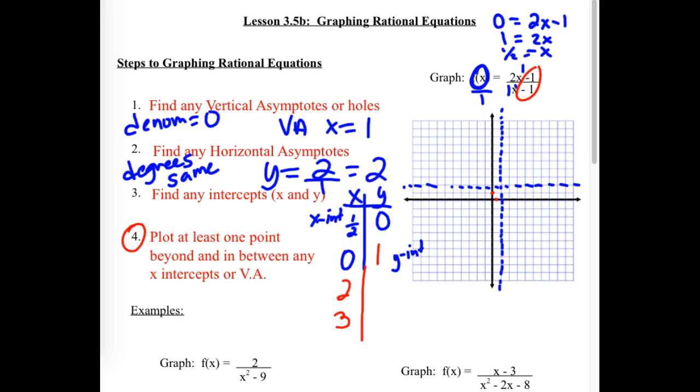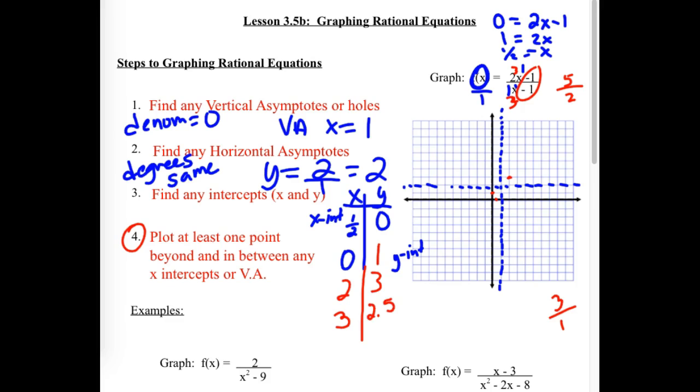All right, so putting a 2 into my equation for x. 2 times 2 is 4 minus 1. I get 3 on top. Putting a 2 down here, 2 minus 1 is 1, so I get a 3. Okay, so the point 2, 3 is on my graph. If I put 3 in there for my x, 2 times 3 is 6, minus 1 is 5, 3 minus 1 is 2. 5 halves is 2.5.